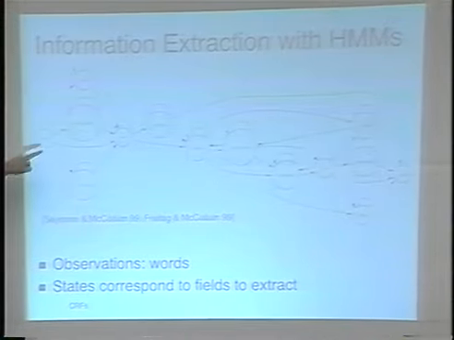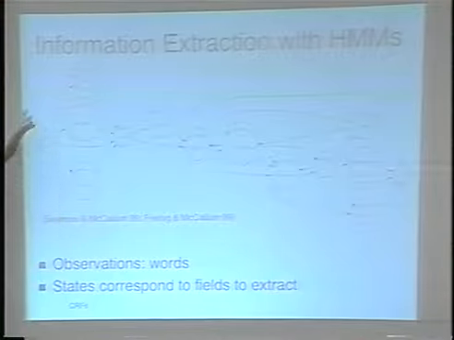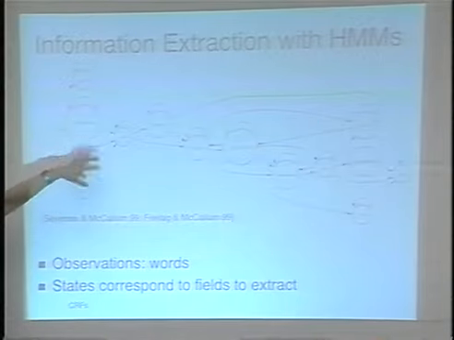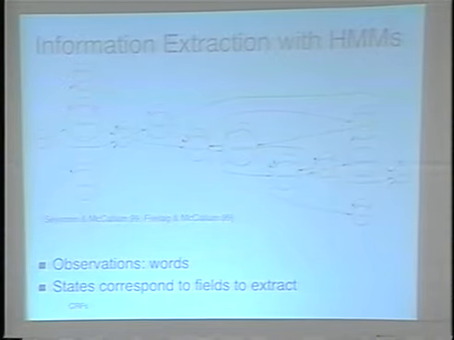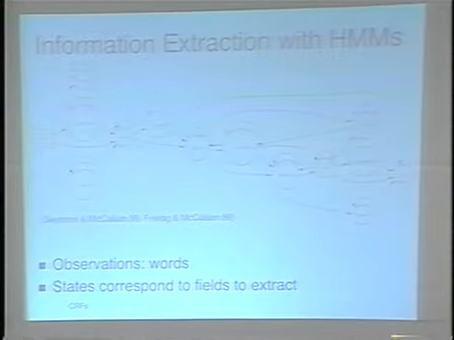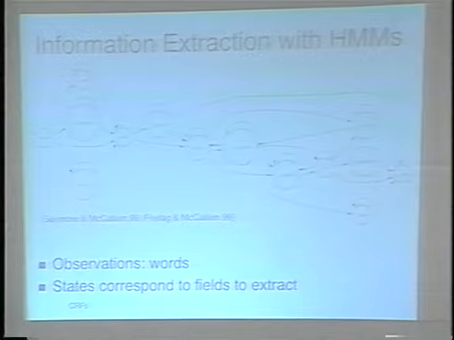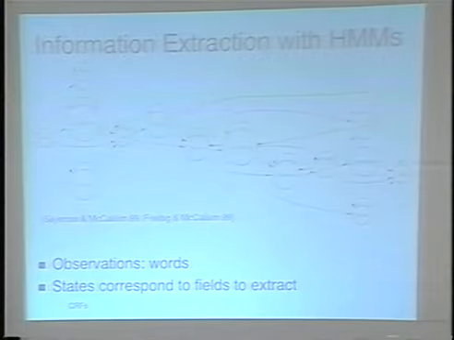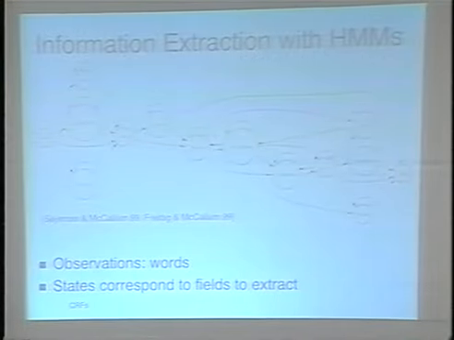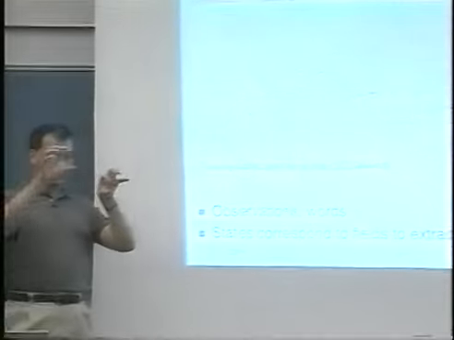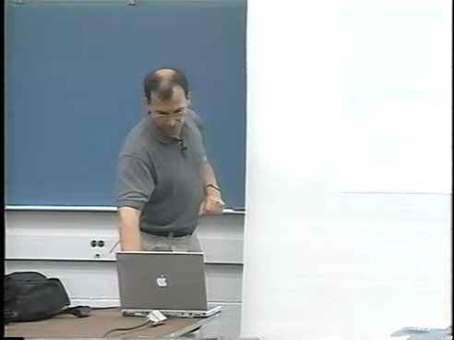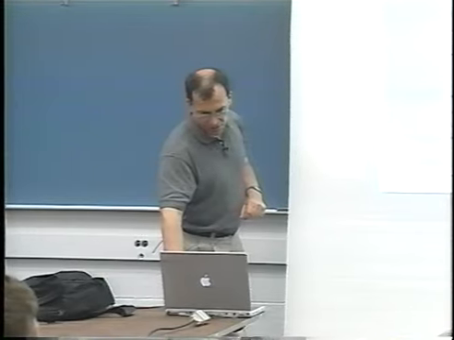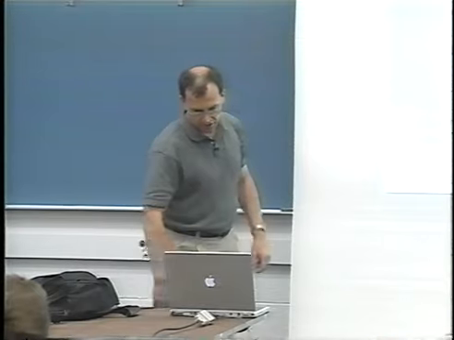So the observations would be words, and the states would be the fields to extract. So this is the actual topology of a particular HMM, now seen as a state machine rather than in that unfolded form, for doing extraction for Cora, which is this thing that looks at papers and gets the titles and the authors and the affiliations. So this has been a very popular way of doing things.